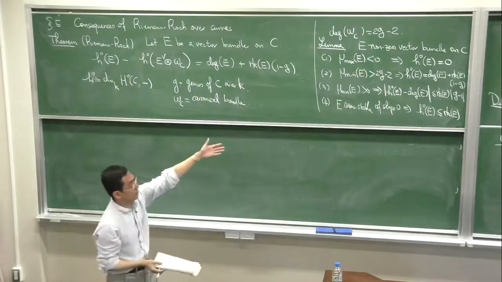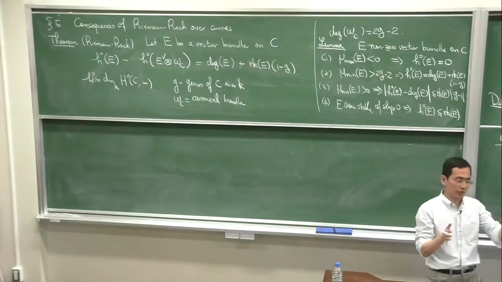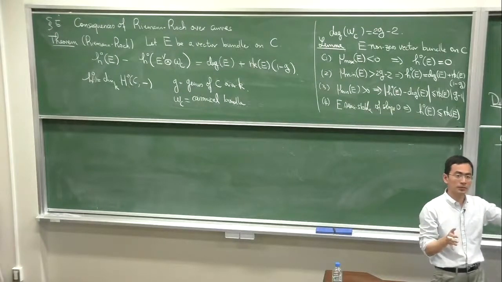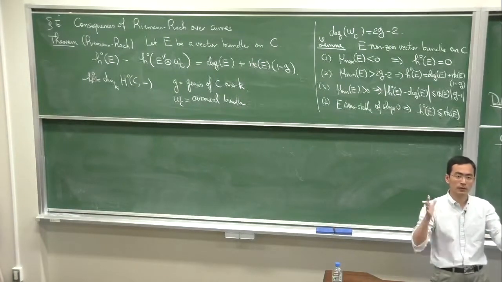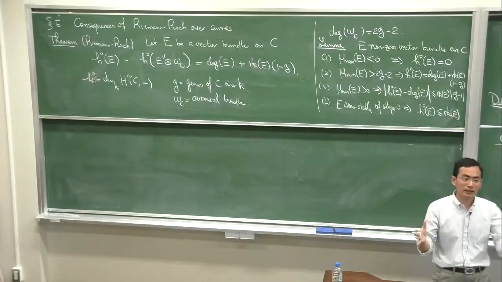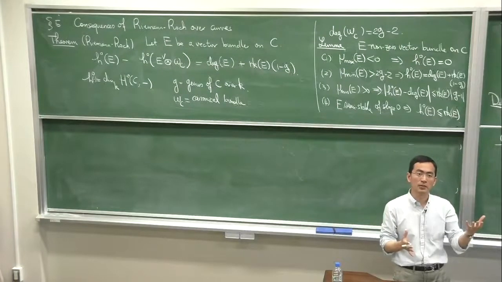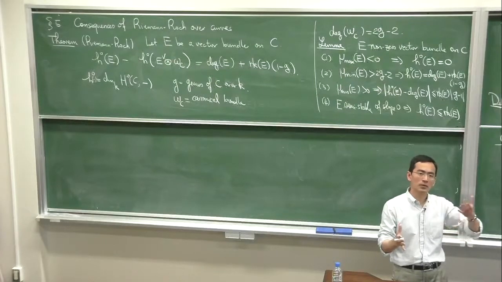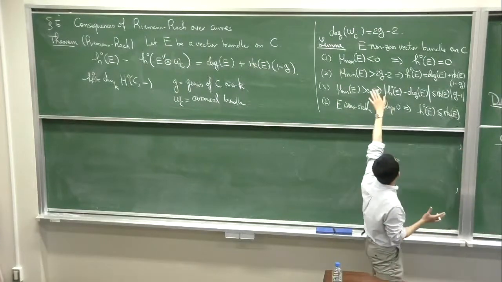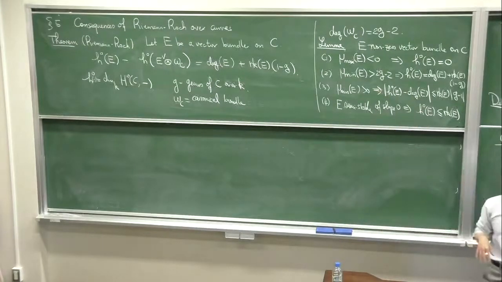If you have some non-zero global section in E, that would produce an injective map from O_C into your vector bundle E. So you can consider O_C as a vector subbundle of E. And then you have a problem, because O_C is of degree 0 and slope 0. So the maximal slope of E should be greater or equal to 0. That will contradict the assumption that mu max of E is negative.